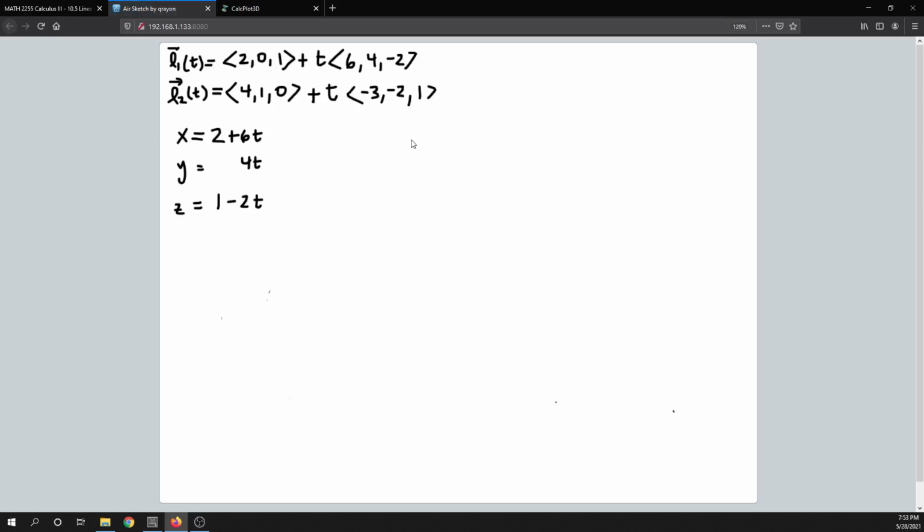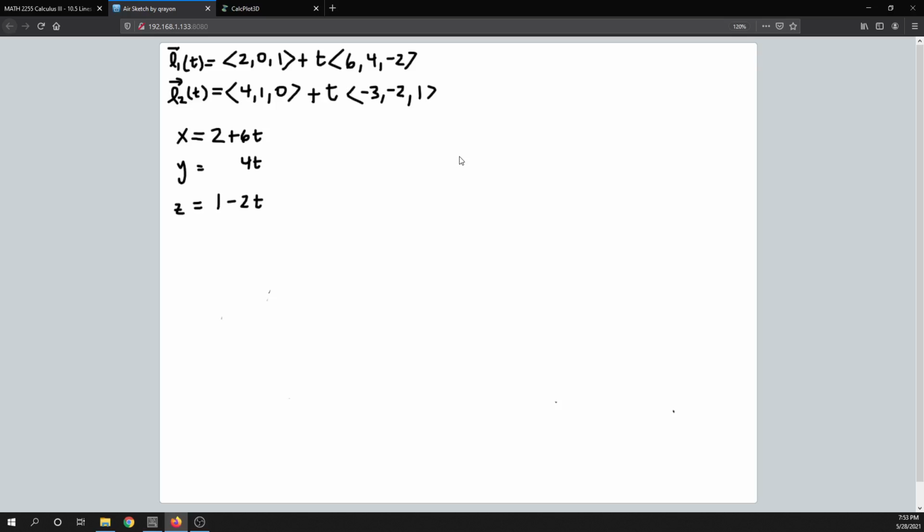We're going to do the same thing for the other line, though we are going to use the parameter s for that, because when we try to solve for the intersection point, we can't use the same parameter twice for these sets of equations.